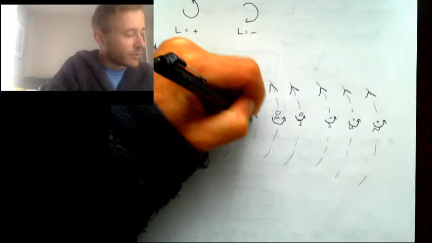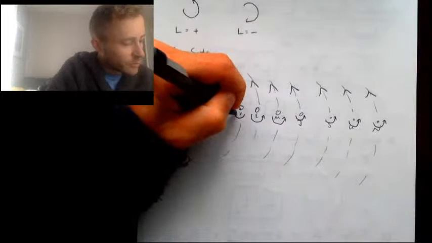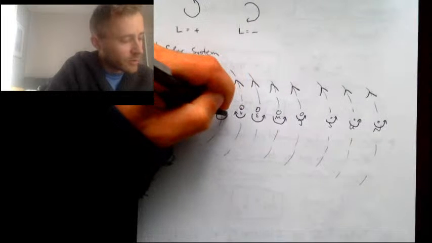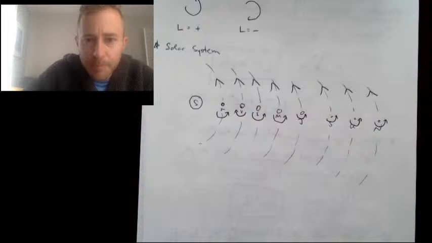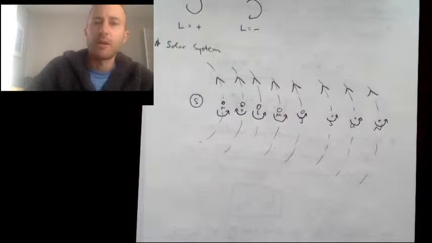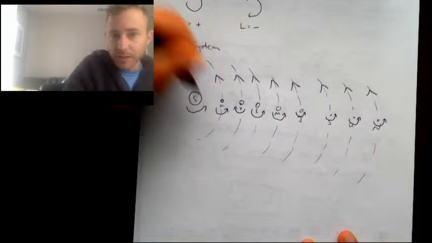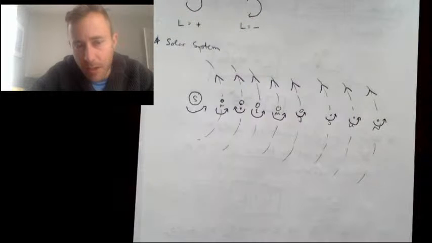With the exception of one planet, which is Venus, which is spinning the opposite direction, and I'll talk about that in a second. So Venus has a so-called retrograde rotation. Okay, the sun itself is spinning, and it's also spinning counterclockwise.